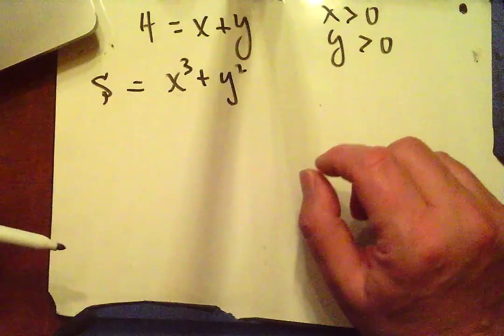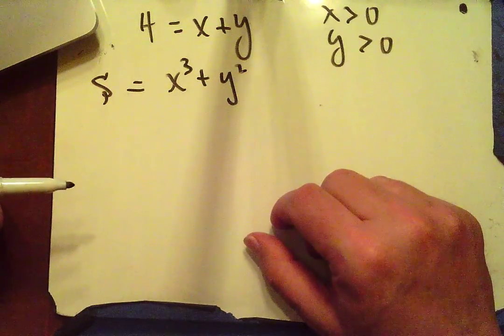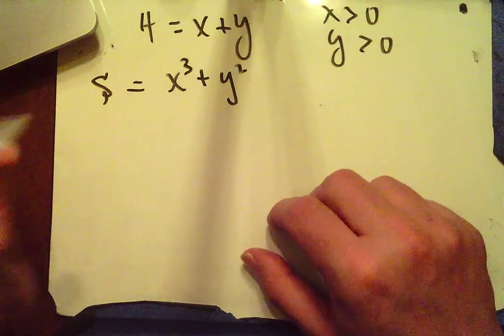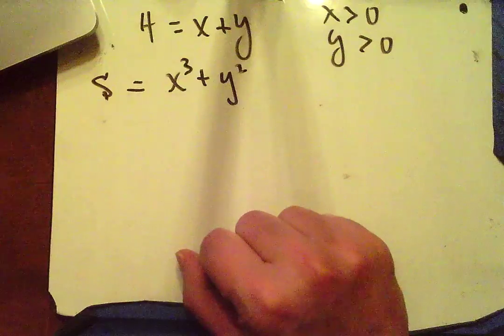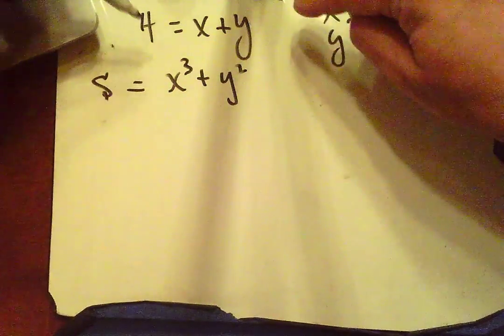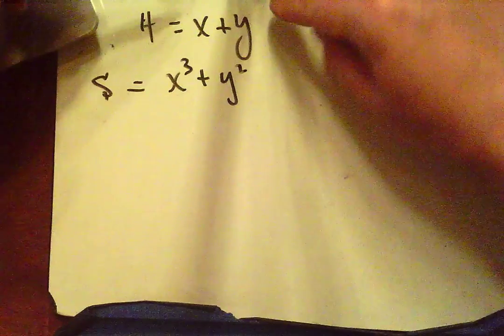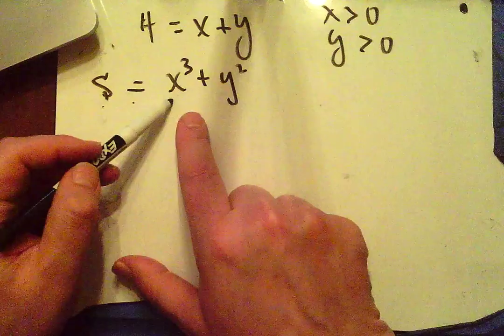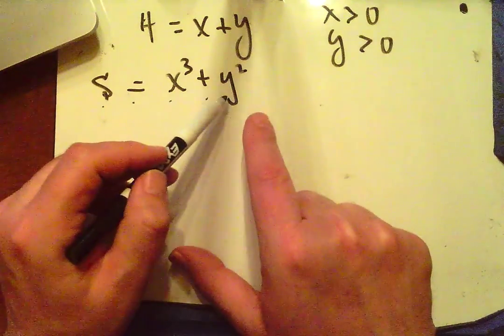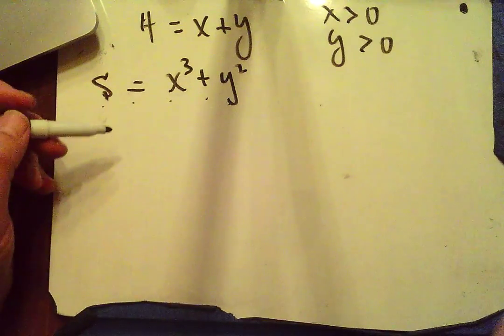Okay, I'm just going to go back and check, because look, it says maybe you should go back and read this a couple of times to make sure you know what's being asked here. I love that advice, because I was just about to do that again. So we've got the number 4 as the sum of two positive numbers in such a way that the sum of the cube of the first number and the square of the second number is as small as possible.